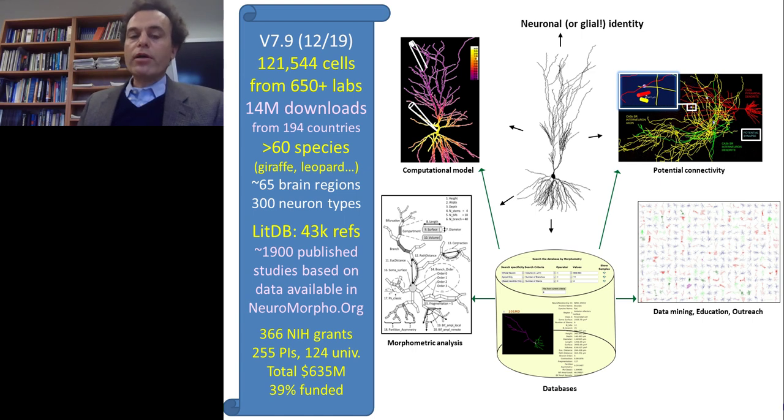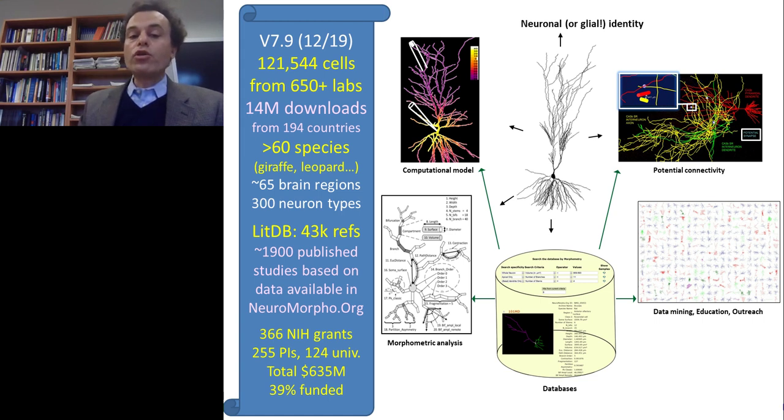These are from not only the most common model species, rats, mice, and flies, but pretty much any phyla from C. elegans to humans. This is based on a continuous literature search, which now contains over 43,000 references.